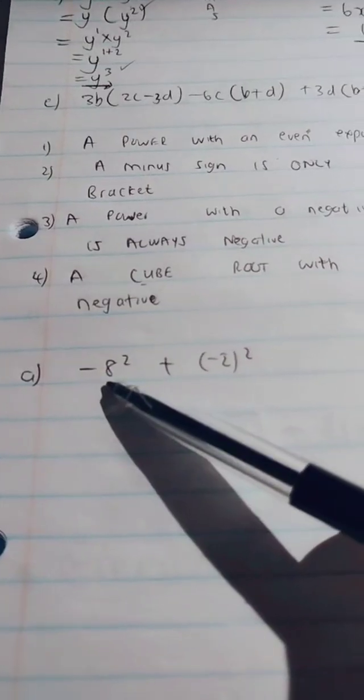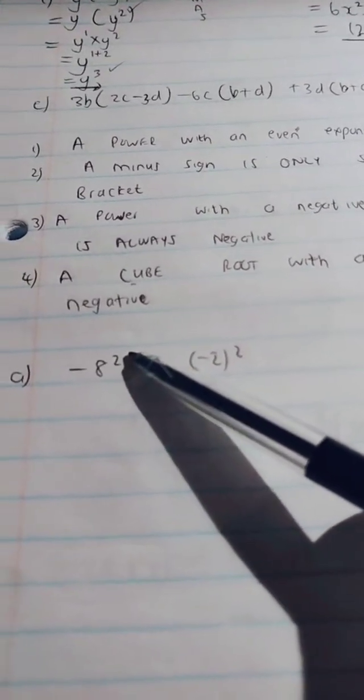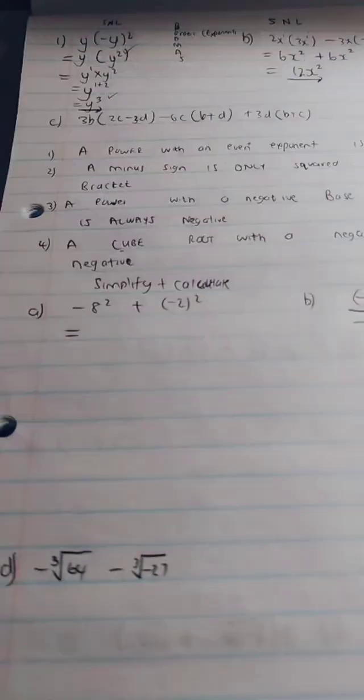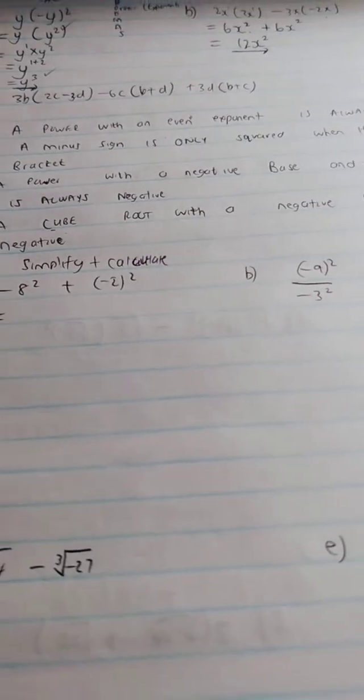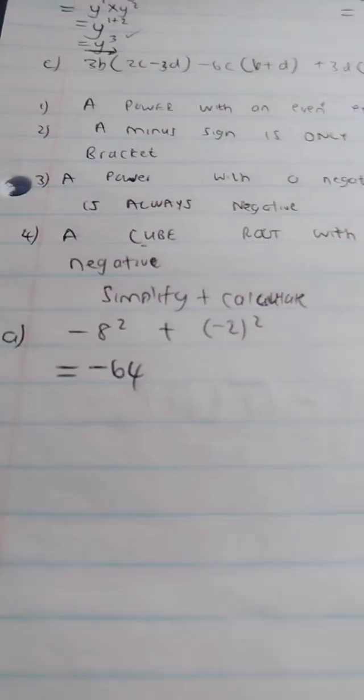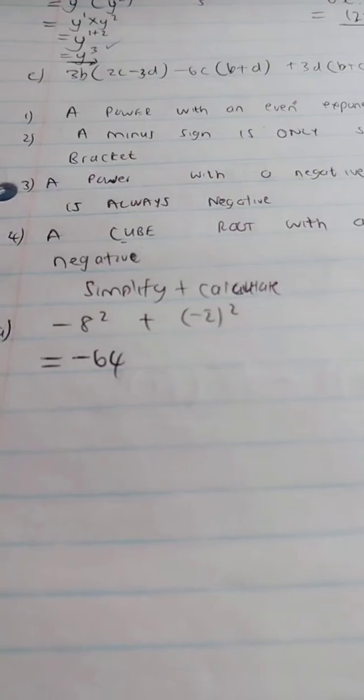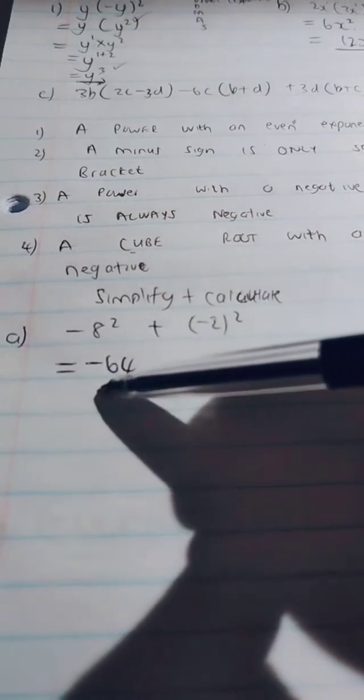Negative 8 squared. That means if we want to simplify and calculate, negative 8 squared gives us negative 64, because the negative sign does not go anywhere.